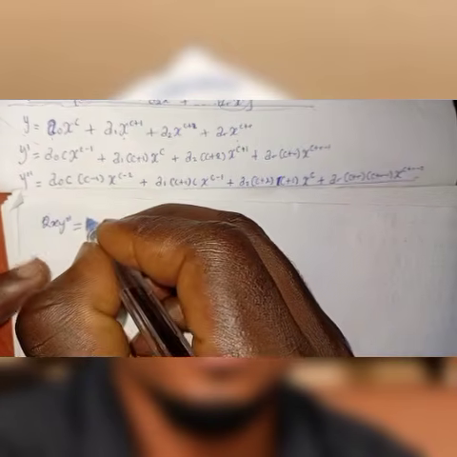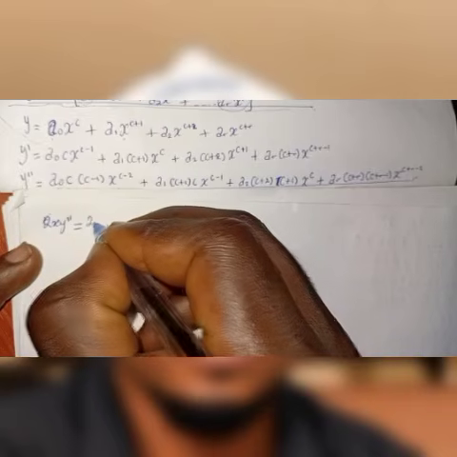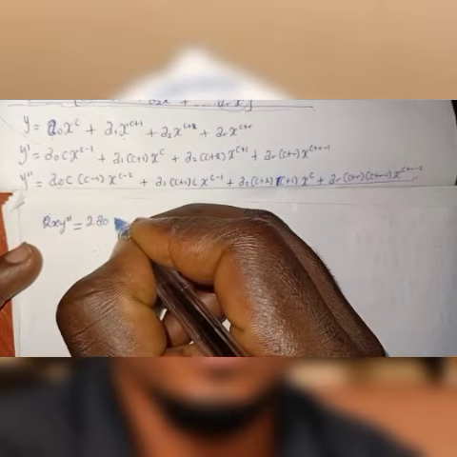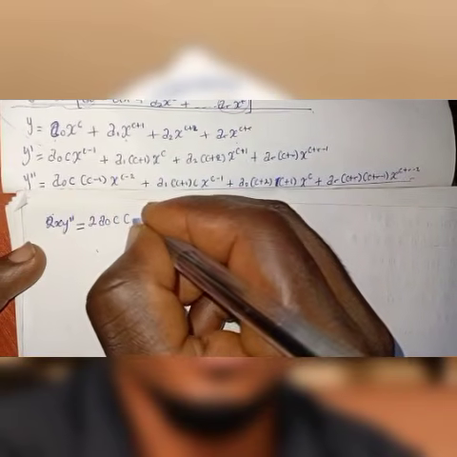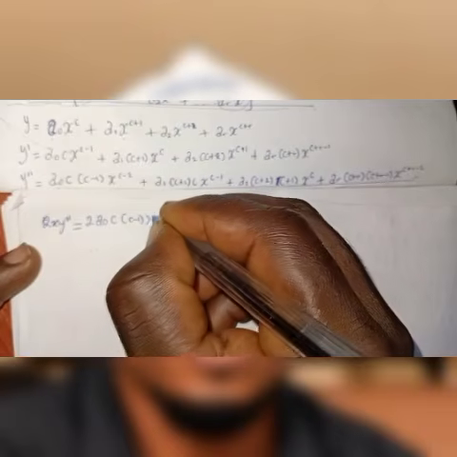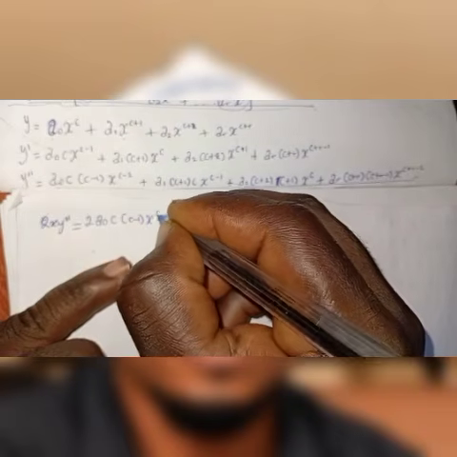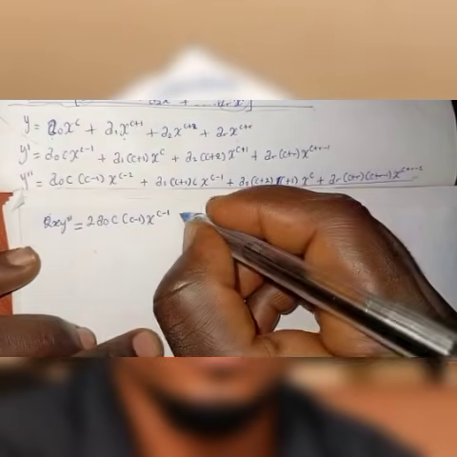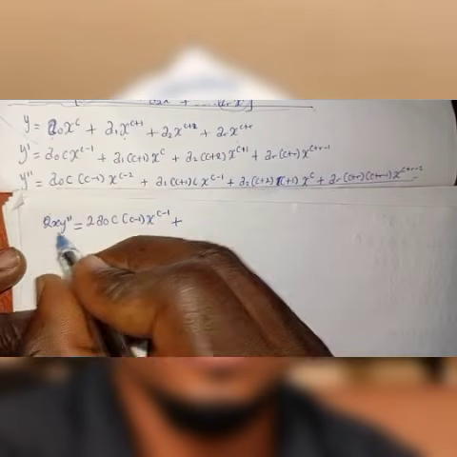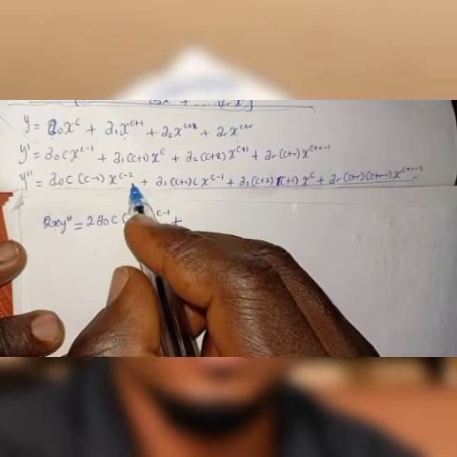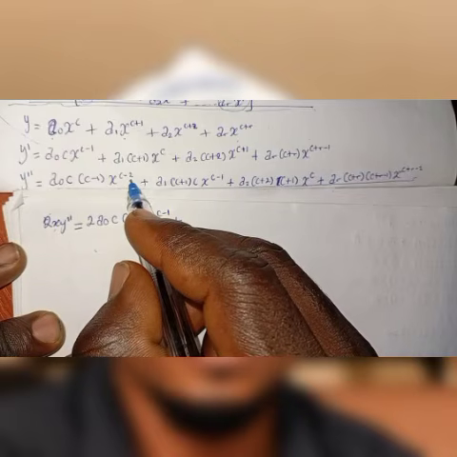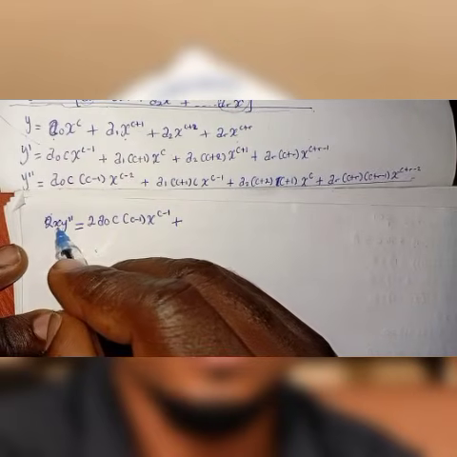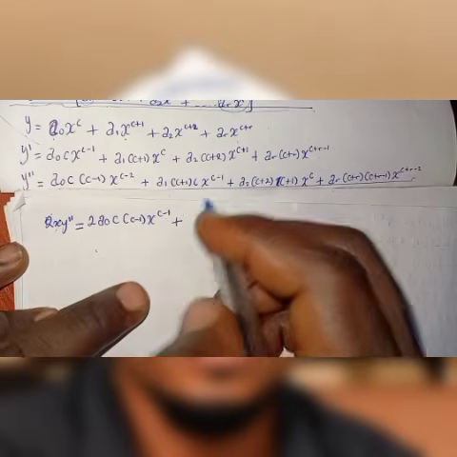We want to multiply our y prime prime by 2x. So if I multiply by 2x, I will have 2 a naught c minus 1 x raised to power c minus 1, plus, now there is one x here and we have minus 2 here, so we have minus 2 plus 1. So that's that, I have minus 1.